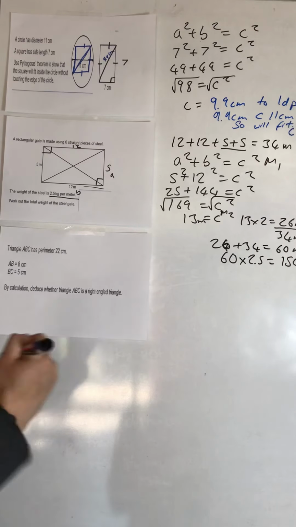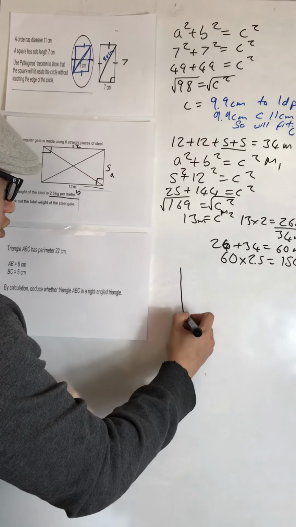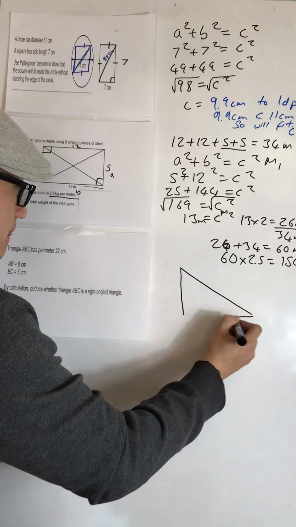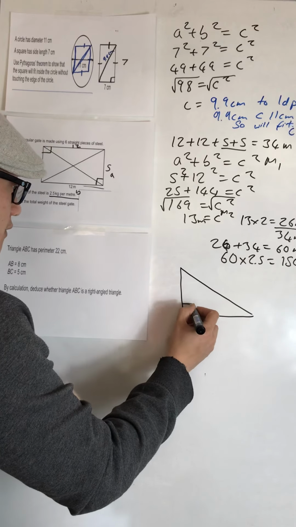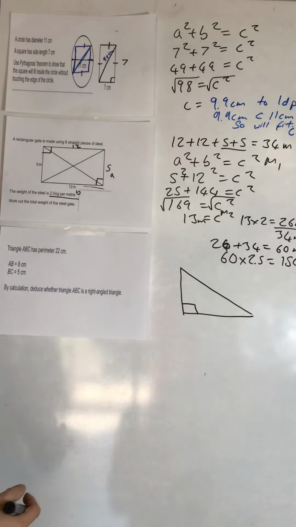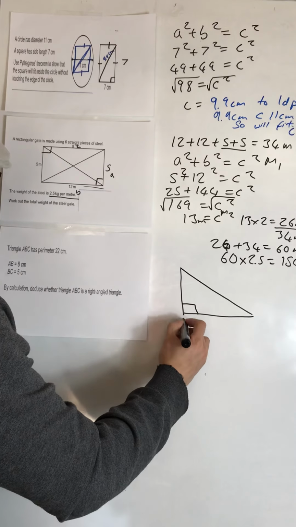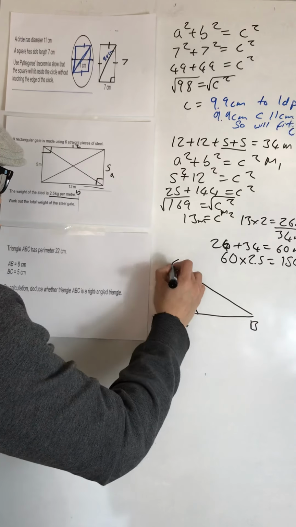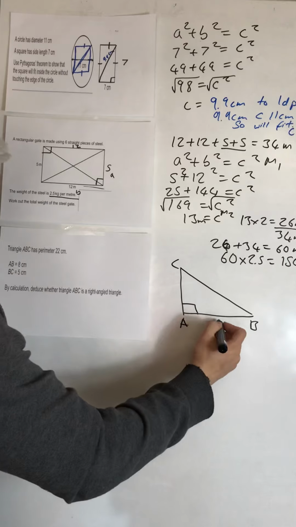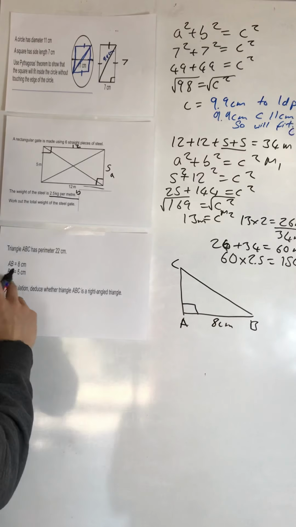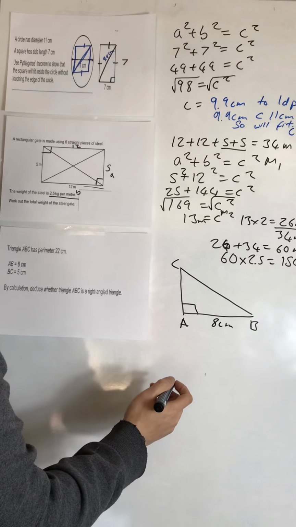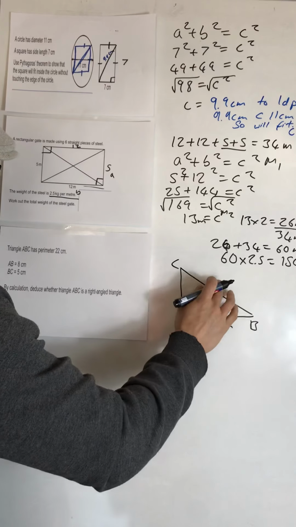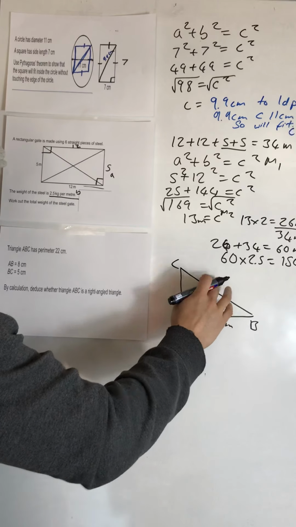Now it has a perimeter of 22. So let's draw a triangle here. We don't know if it's right angled, but let's try to assume it is. Let's call this ABC. Doesn't matter how you do it. AB is 8 centimetres. BC is 5 centimetres. We can't have BC here because that's the longest side.